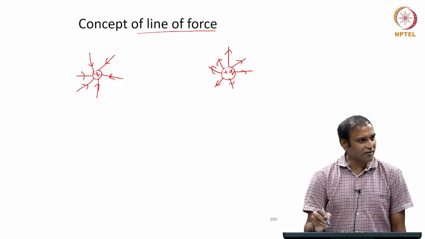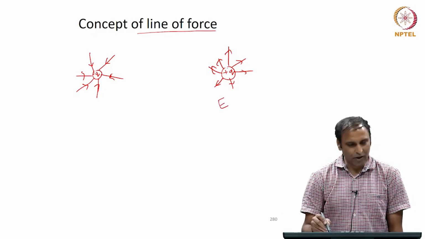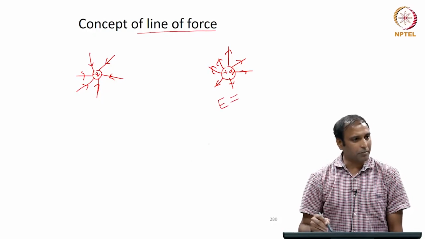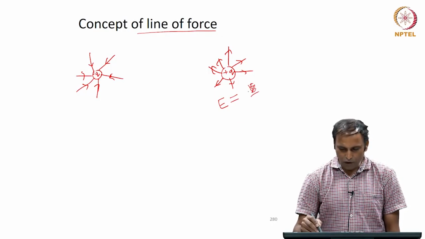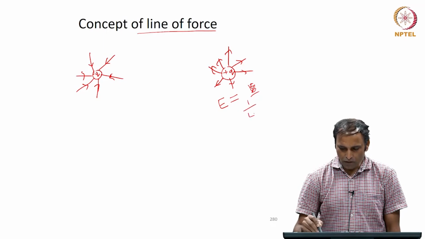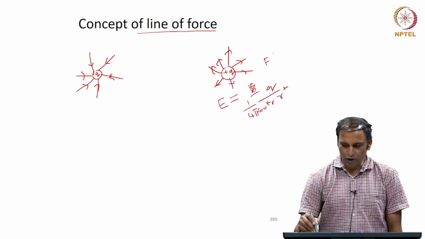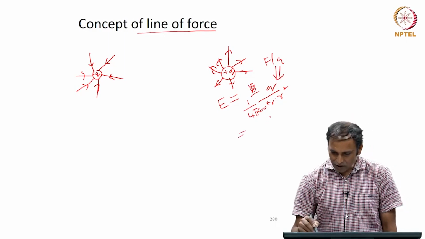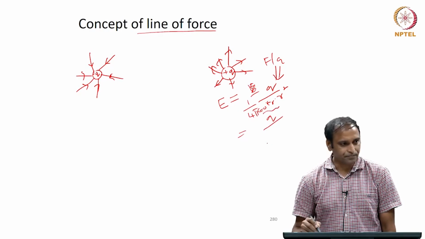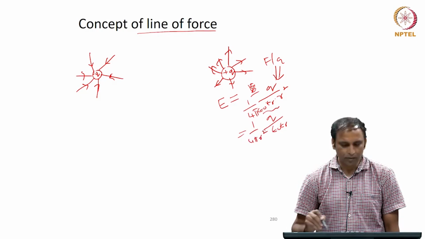This electric field generated because of a point charge is essentially given by force divided by the charge, and the force is 1 over 4 pi epsilon naught epsilon r r square into q, that is F by q. Now I can express this as q divided by epsilon naught epsilon r, and I have 1 over 4 pi r square.